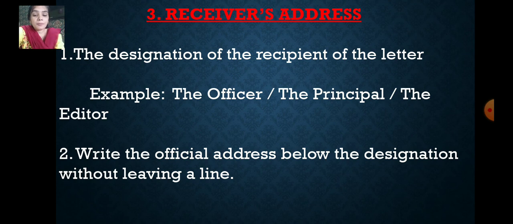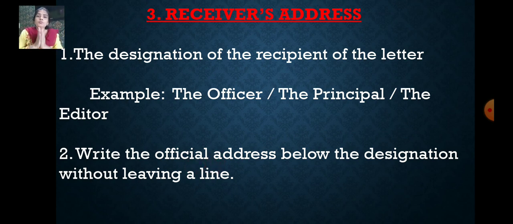And number 3, receiver designation. Receiver designation means receiver's address. So the designation of the recipient of the letter, for example, to the officer, to the principal, to the editor, to the manager. And write the official address below the designation without leaving a line.